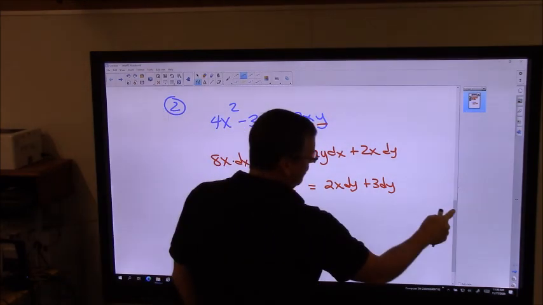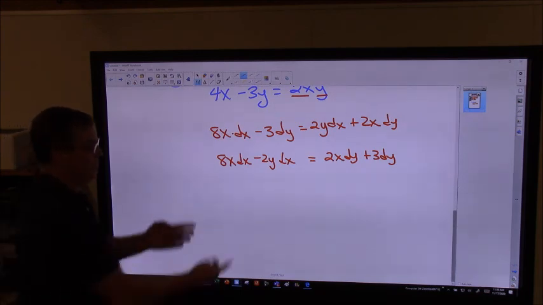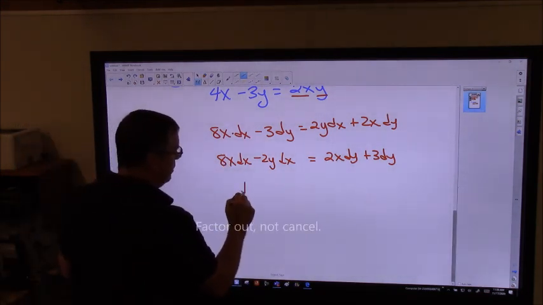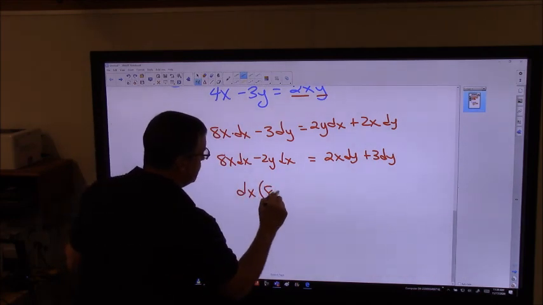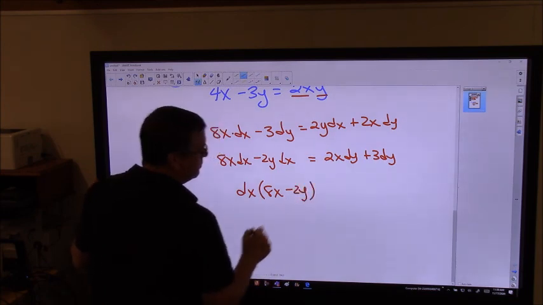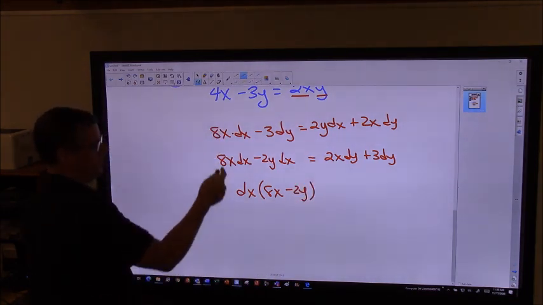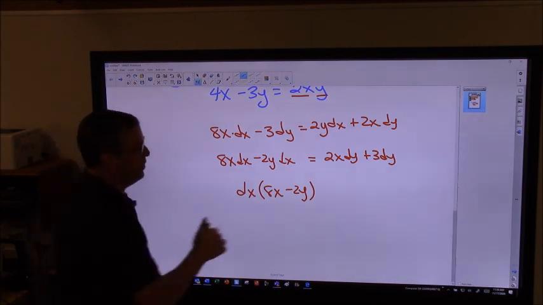Now I could have, at the same time I was moving things back and forth, I just know dx is going to cancel out, so I really could have just done this. I've got 8x. I'm moving this 2y over, so it becomes the opposite. See, I could have thought of it that way instead of doing this and then factoring. But it doesn't matter, whatever you feel more comfortable with.